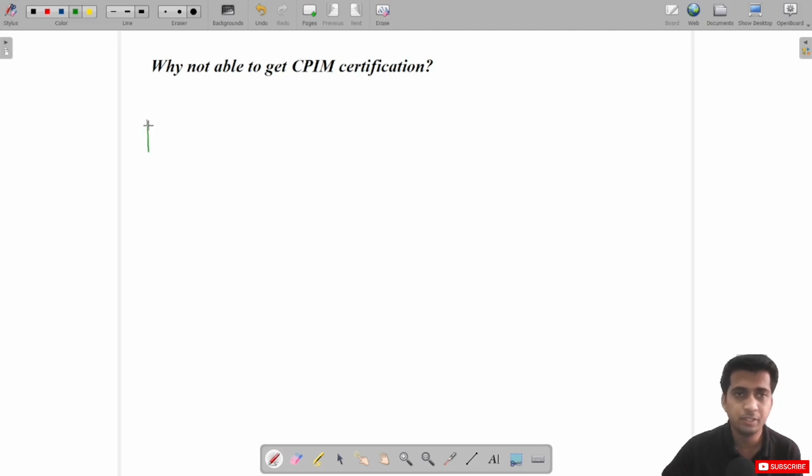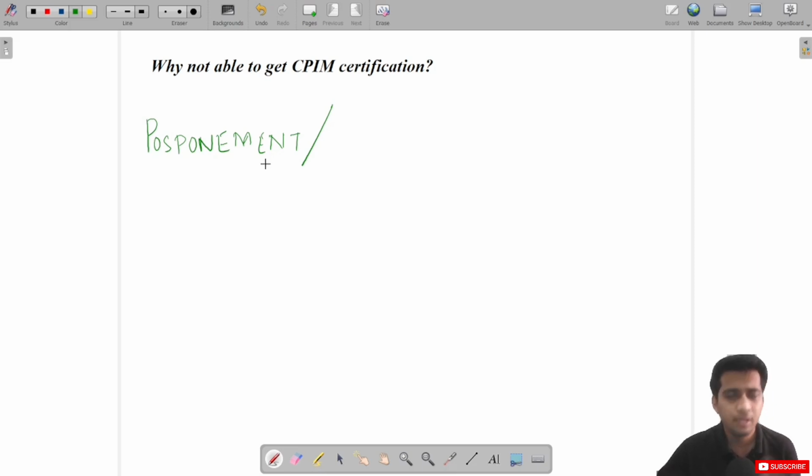So this is the reason: postponement, or postponing. This is the only reason which I feel many supply chain professionals are not able to get CPM certified.